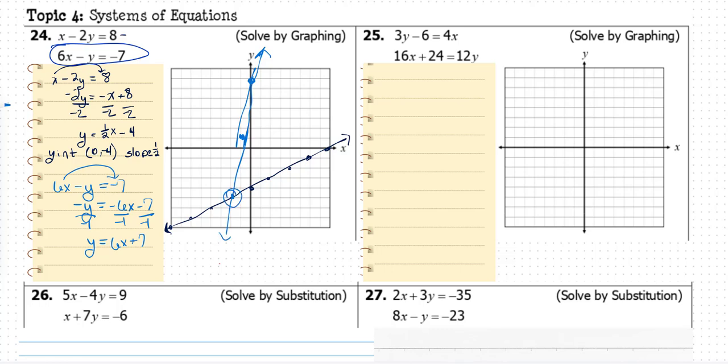And they're intersecting at this ordered pair right here, which was (-2, -5). And so that's the solution.